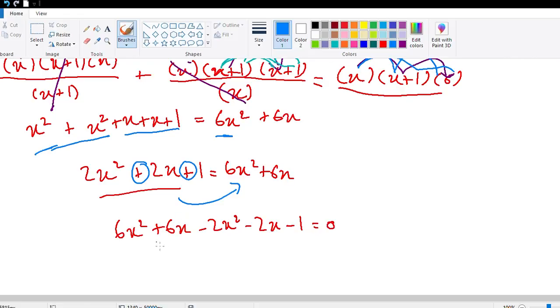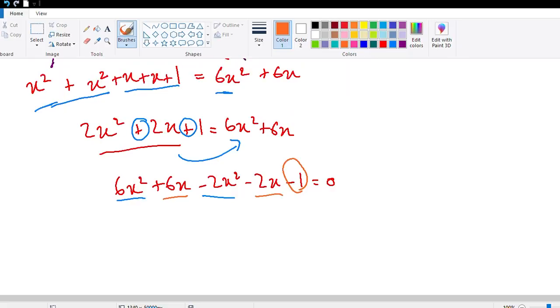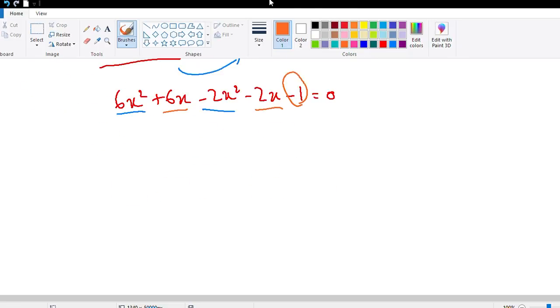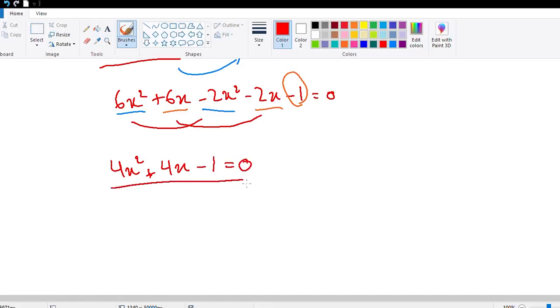Then we simplify 6x squared and minus 2x squared, 6x and minus 2x, and write the minus 1 just like it is. So it's 4x squared plus 4x minus 1 equal to 0. And that is our answer.